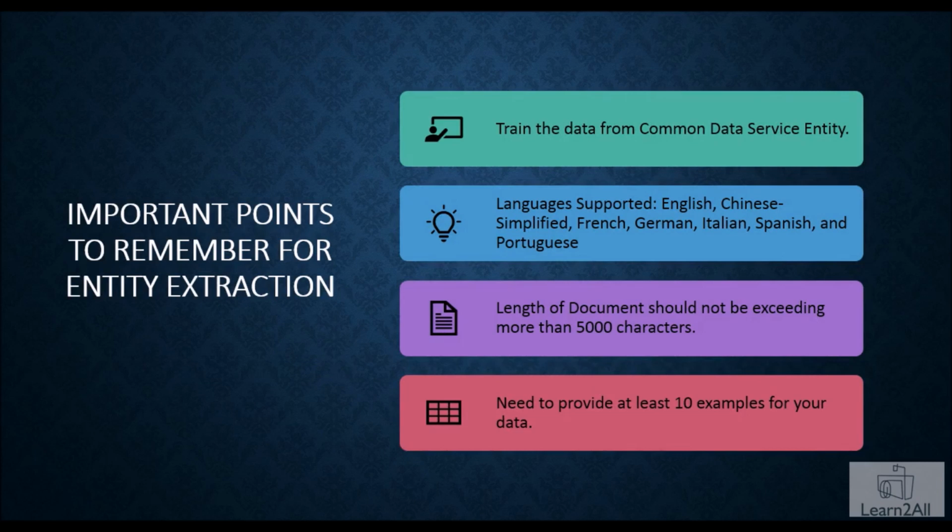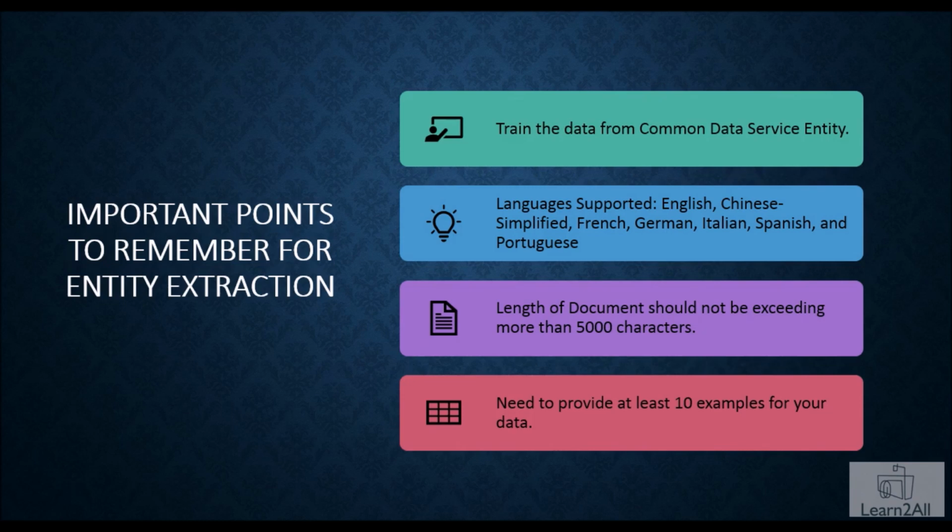Before we move further with the development process, we need to consider a few points over here. First thing is that at this moment entity extraction AI models support only Common Data Service entities, which means that your data source should be in Common Data Service.